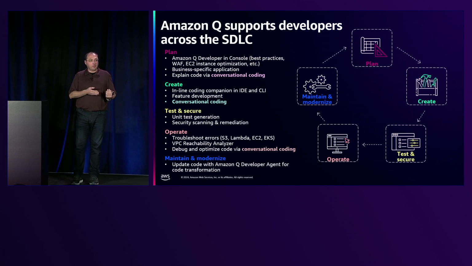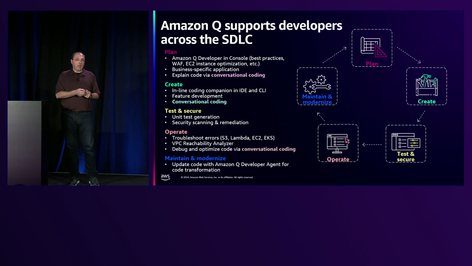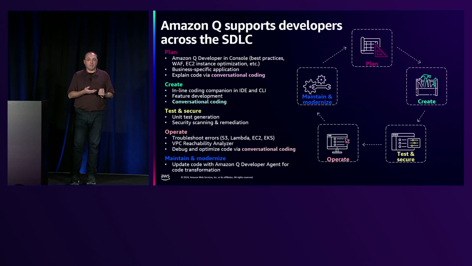And so we have Q Developer there within the AWS documentation, within the AWS console, which is nice because it has the context within the console of the AWS account that you have and the infrastructure that's there. So you can ask it account-specific questions that are germane to the problem that you're trying to solve.